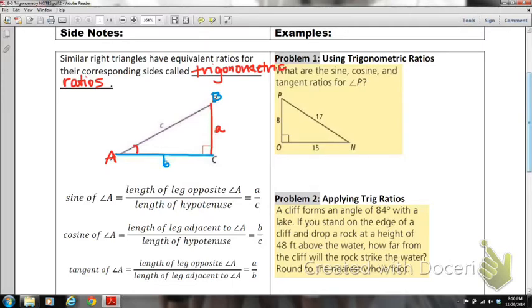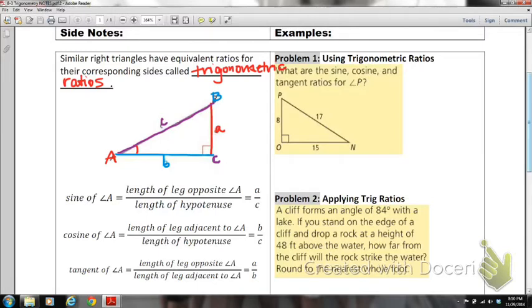And then we have angle C, which is the right angle in this triangle, and the side opposite it is the hypotenuse of the triangle, little c.